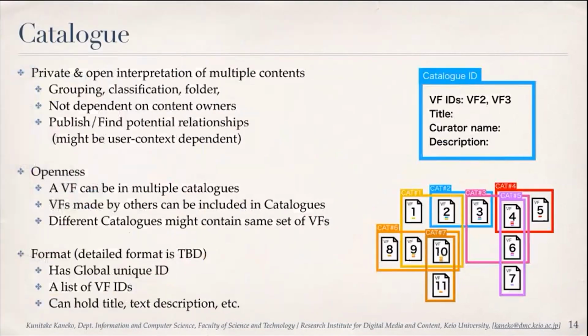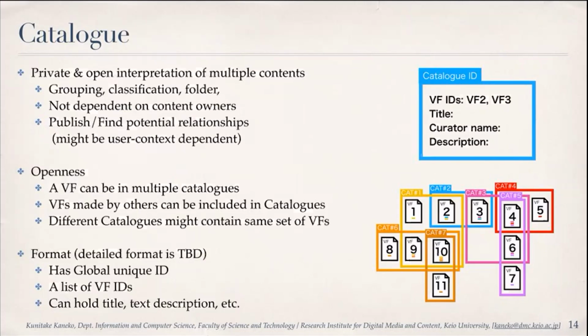So how do we realize a catalog? A catalog has the globally unique ID and then the list of the budget files. That is important for the computers, and the rest remains for the human beings. Okay, the same thing: anybody can make catalogs.